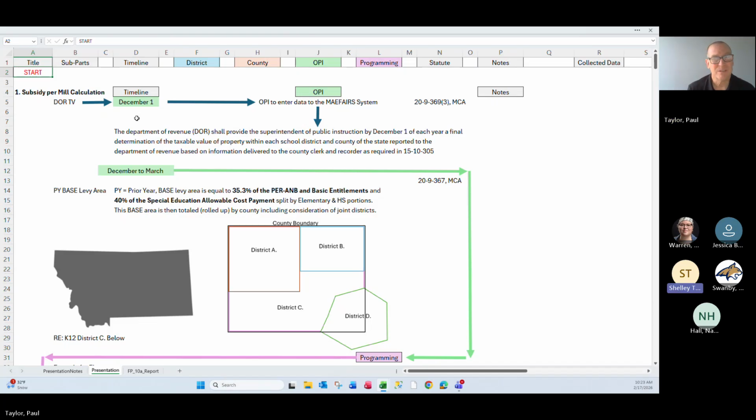I believe so. Okay. So even if they wanted to make a change after December 1, if they called us up and said, hey, we really messed things up, we generally have a little time to get that sorted out. These subsidy per mill calculations, we usually chug here at the OPI throughout December. For this calculation, we don't really need to print anything anywhere to the public until March 1. It goes on our data sheets.